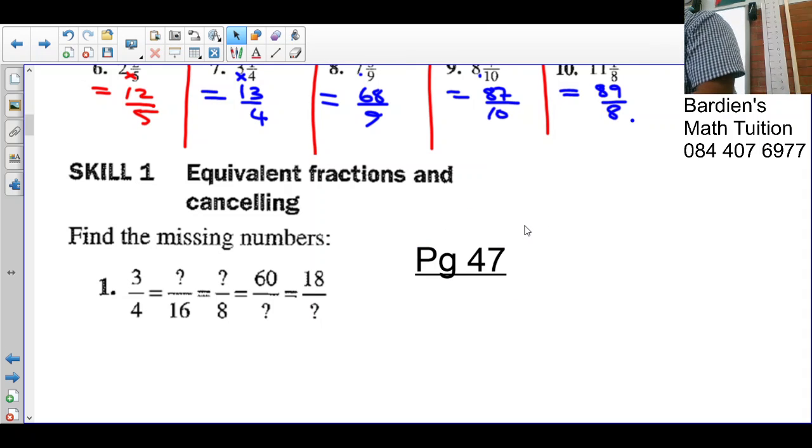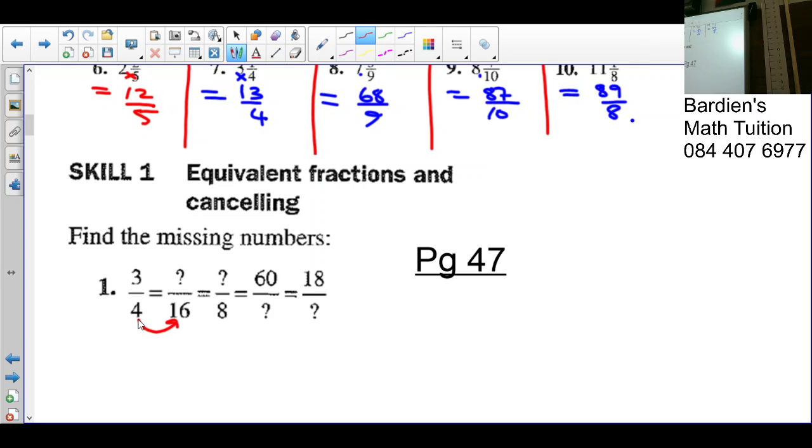So what they do is they say, okay, in the diagnostic test, it was only 1. Not so? You ask yourselves, okay, how do we get from 4 to 16? Multiplied by 4. So I must multiply 3 by 4. And 3 times 4 is? Can you see that, people?